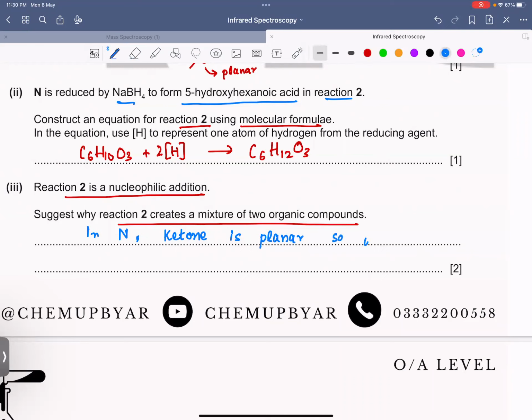So it can be attacked from either side of the plane, and hence we get the mixture of 2 optical isomers. Okay.